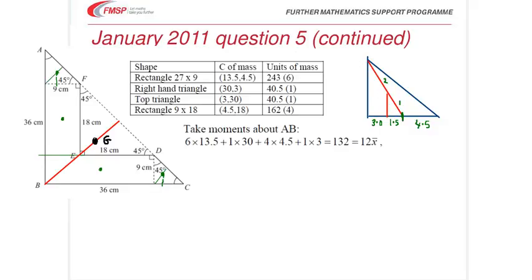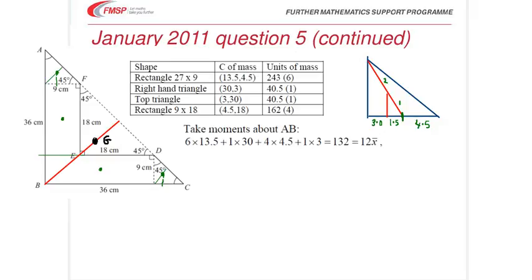So by similar triangles, if the ratio of this side to the whole side is 1:3, the ratio of this bit to the whole bit is 1:3. The whole lot is 4.5 here, so this is 1.5, and this is 3 here. That's how we're getting the coordinates of the centres of mass of the triangles.